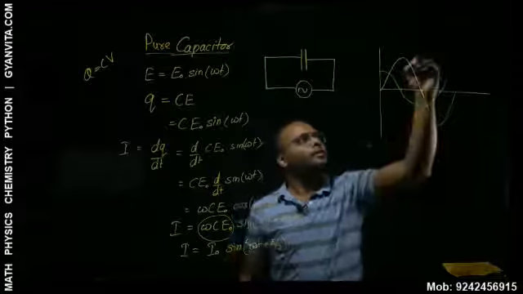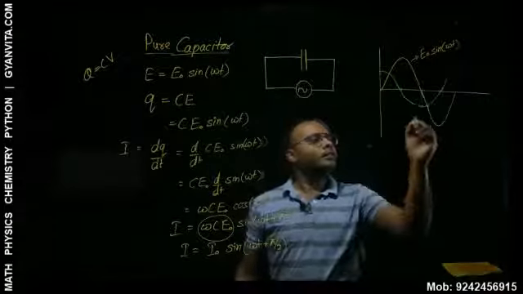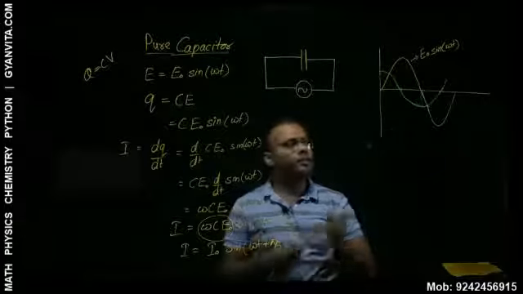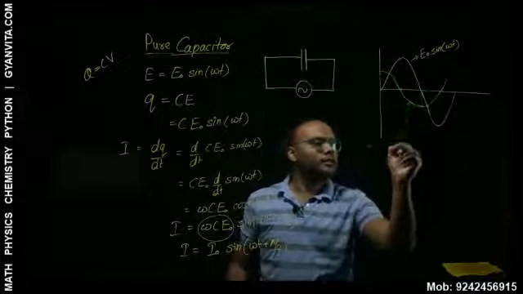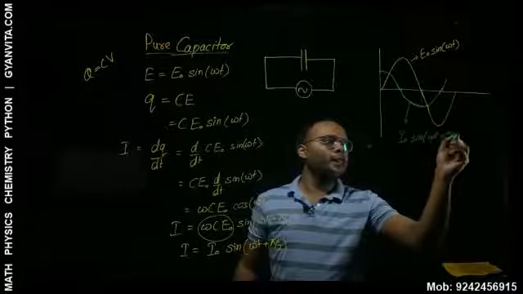Right? This is E naught sine omega t. This is the second one, that is current is I naught sine omega t plus pi by 2.